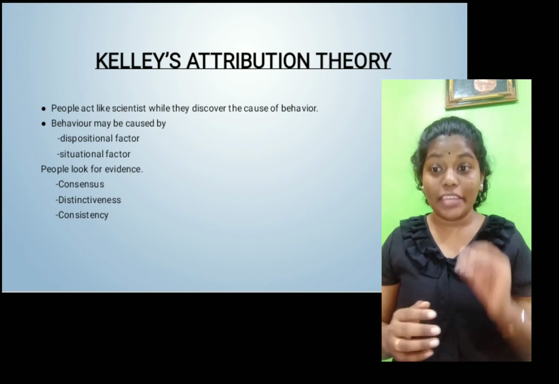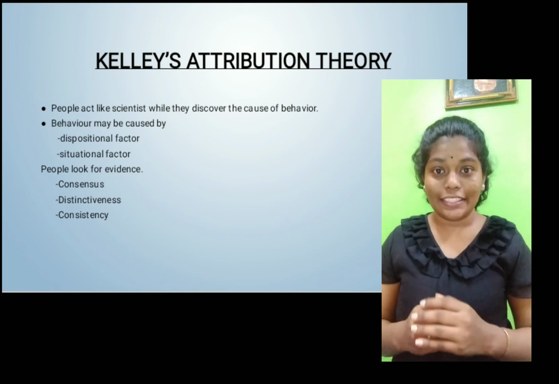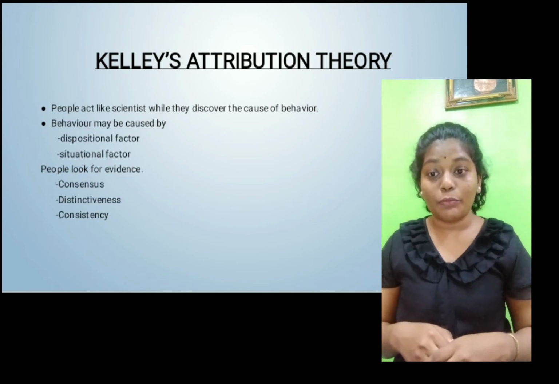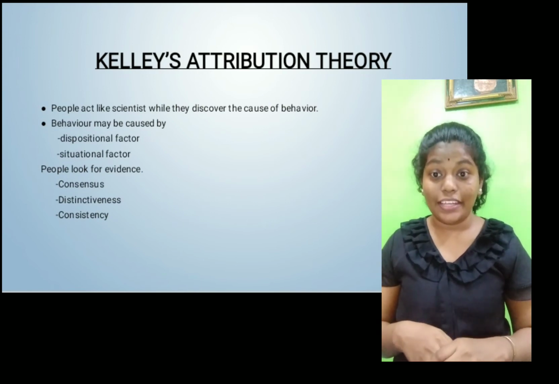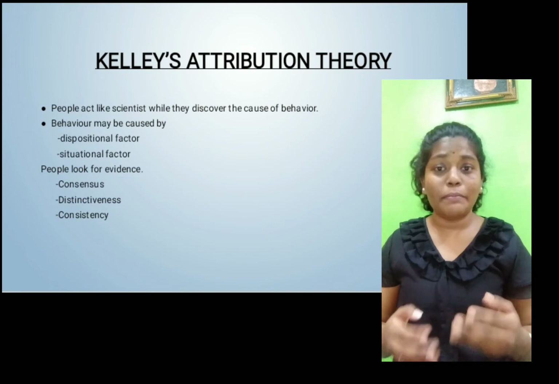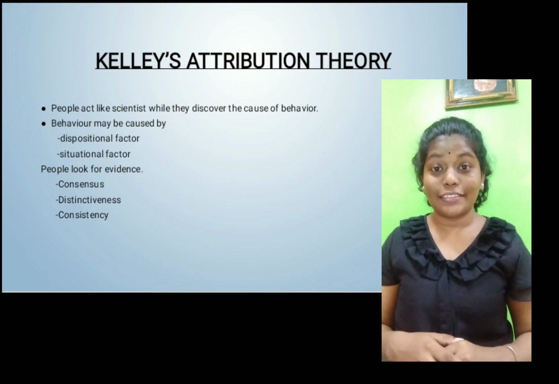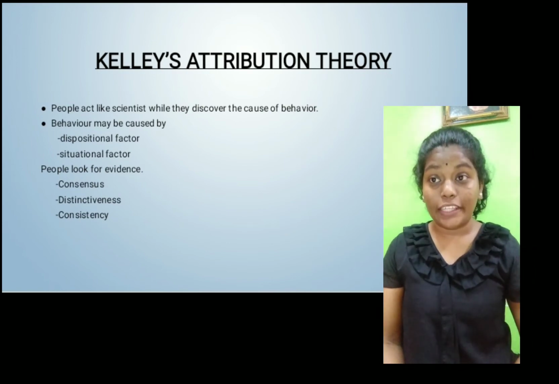Dispositional factor is behavior that is determined by personal traits. For example, a person may look at someone asking for money on the street and tell themselves that the person is just lazy. This is called dispositional factor. Second is situational factor.